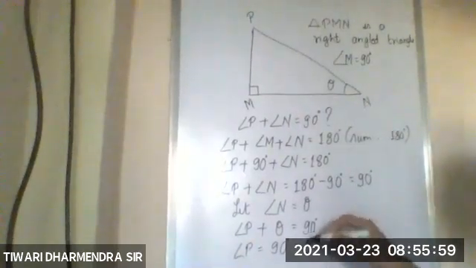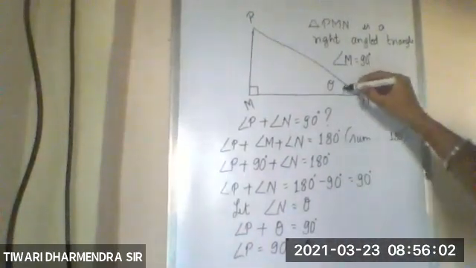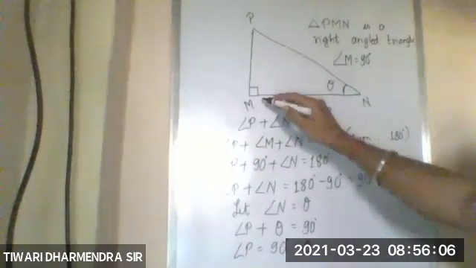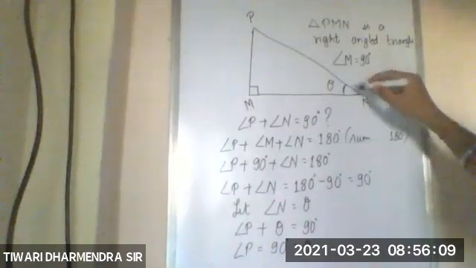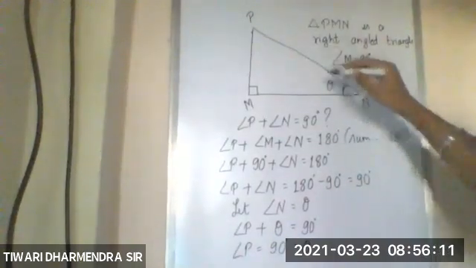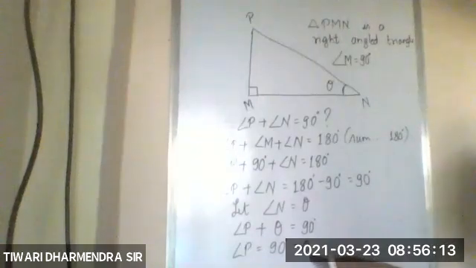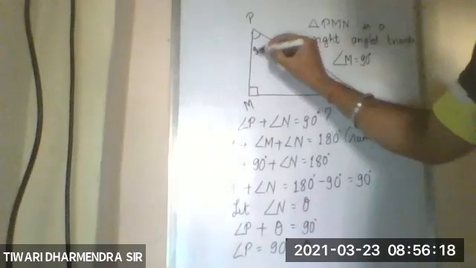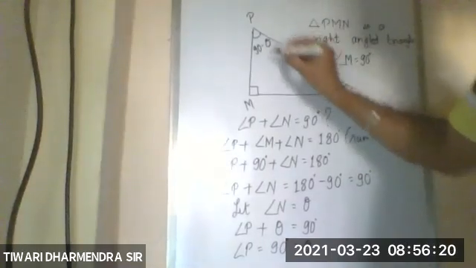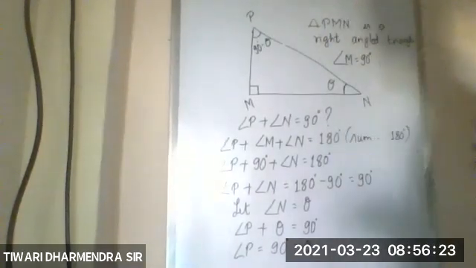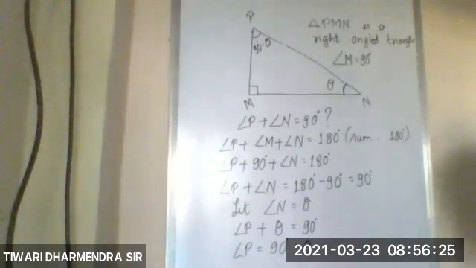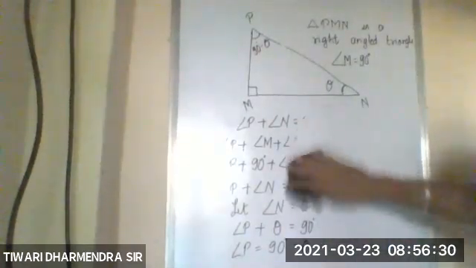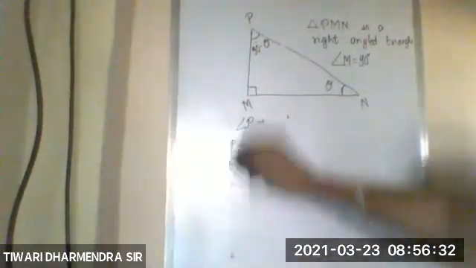From here we can denote the angles of the triangle. We know this is 90, so no need to touch this. We have assumed N to be theta, so I have written theta here. I got angle P as 90 minus theta, so I'll be writing here 90 degree minus theta. Hope this step is clear to you. Since they are complementary in nature, if one is theta, another will be 90 minus theta.